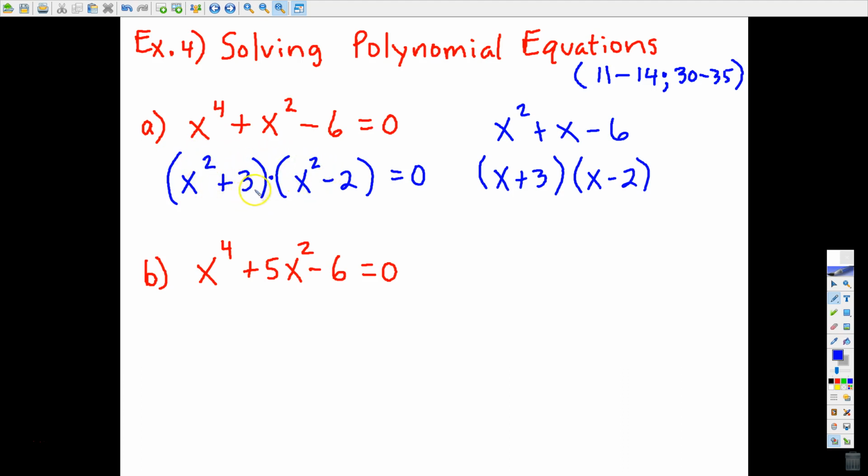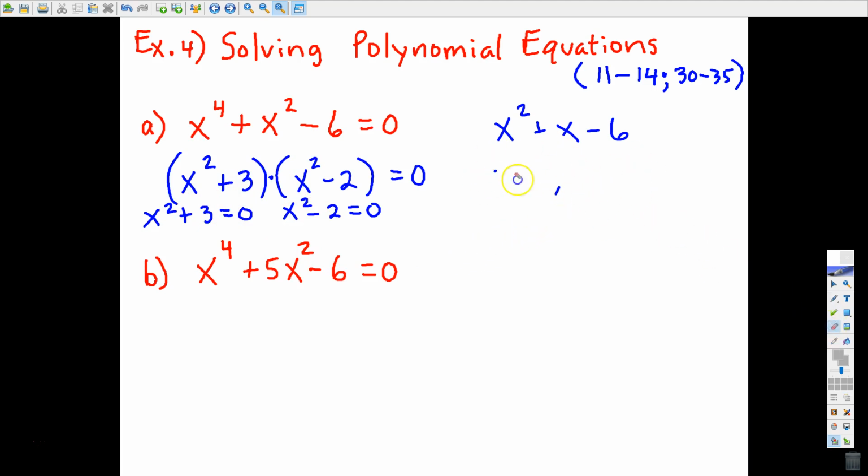X squared plus 3 is a factor, and the other factor is x squared minus 2. Let's take each one of those factors and make them equal to 0, and solve for x within each of these mini equations. I'll come over here where I've got more room.